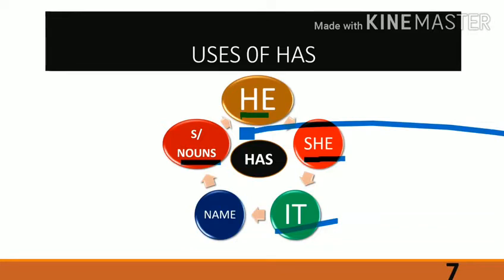What I am saying is that has is in the center and all the other things are involved. Whenever we want to write something related to has, you can understand one thing, that we make the use of has with the third person singular, that is he, she, then it, a name and a singular noun.